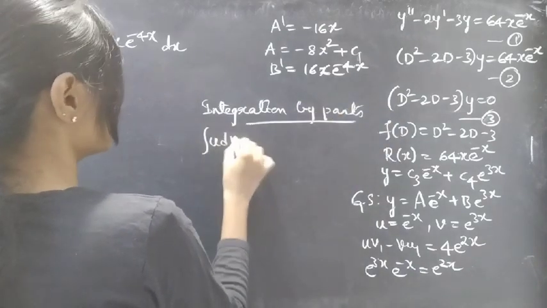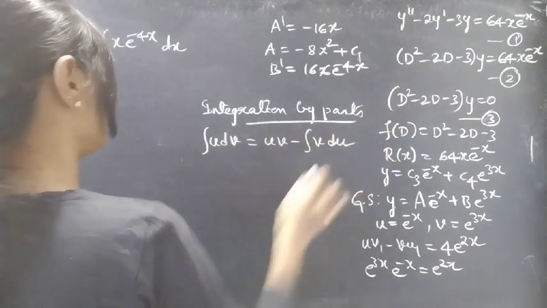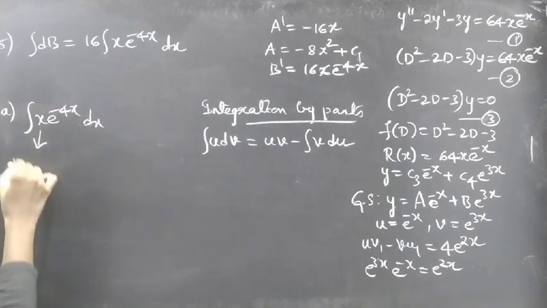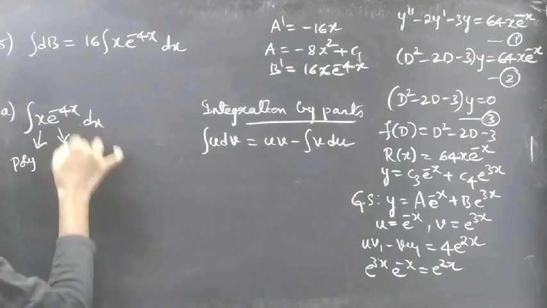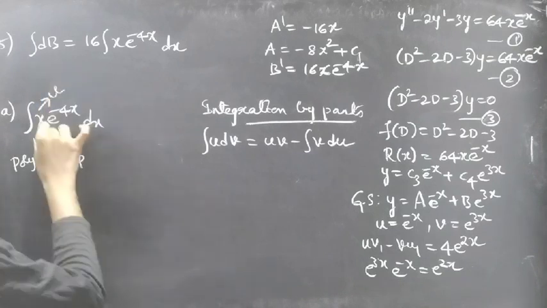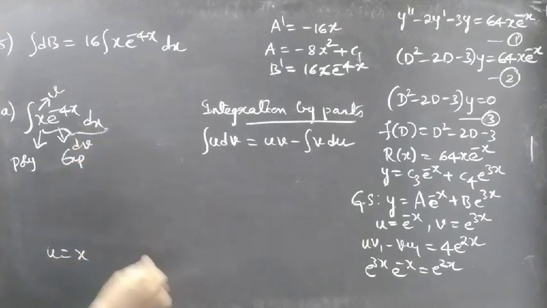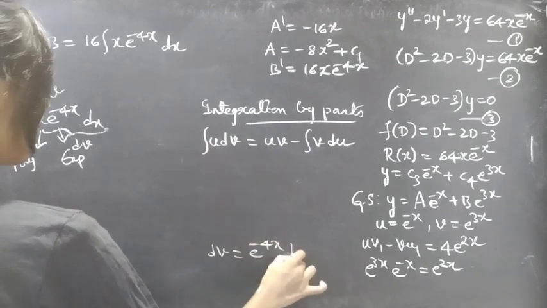Integral u dv equal to uv minus integral v du. Here the integrand is of the form product of polynomial function and exponential function, right? We'll consider the polynomial function as u and the remaining part as dv. We have u equal to x and dv equal to e power minus 4x dx, right?